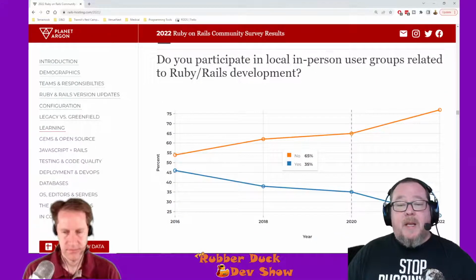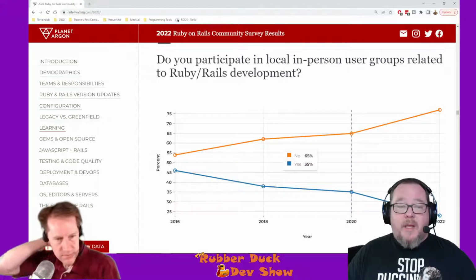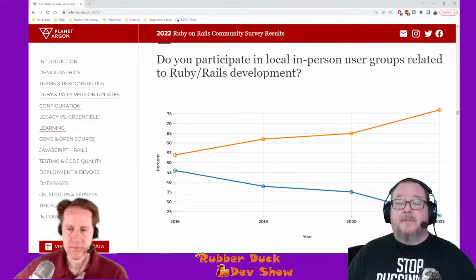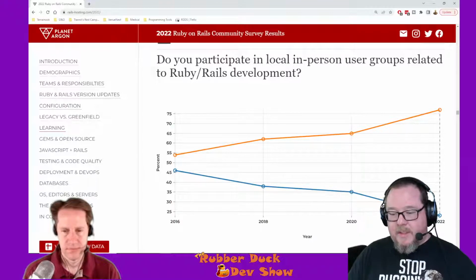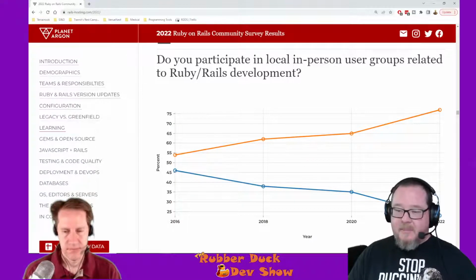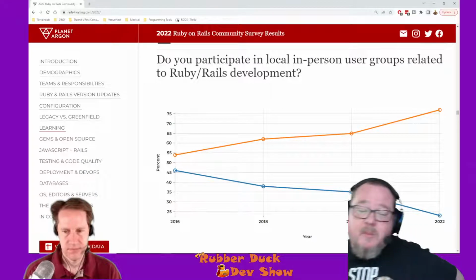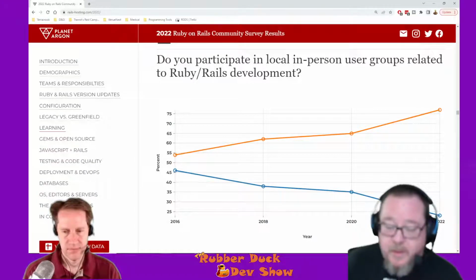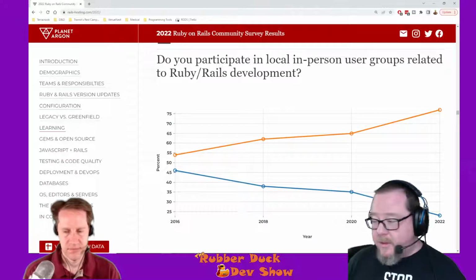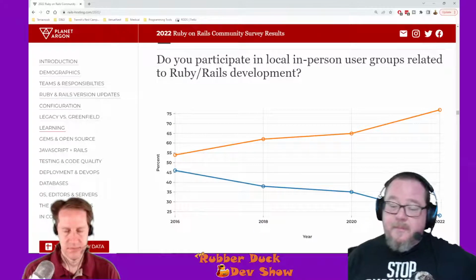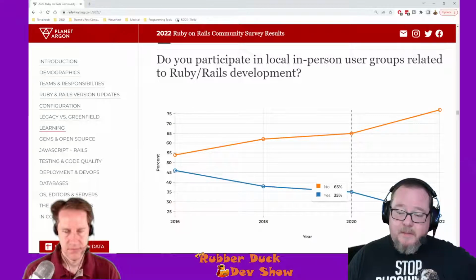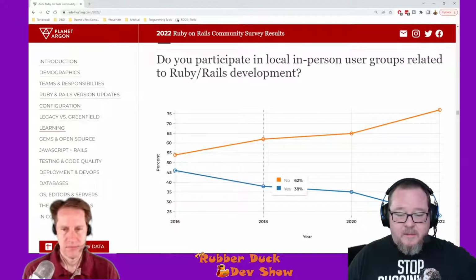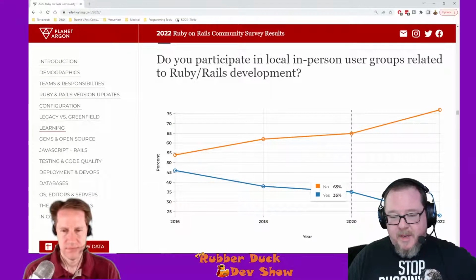Do you participate in local in-person user groups related to Ruby Rails development? Not anymore. Again, of course, this has just plummeted in the past 2 years, but not anymore. I used to for several years, especially when I was first getting into Ruby. I was in the local Ruby user group. But this is not a surprising trend.